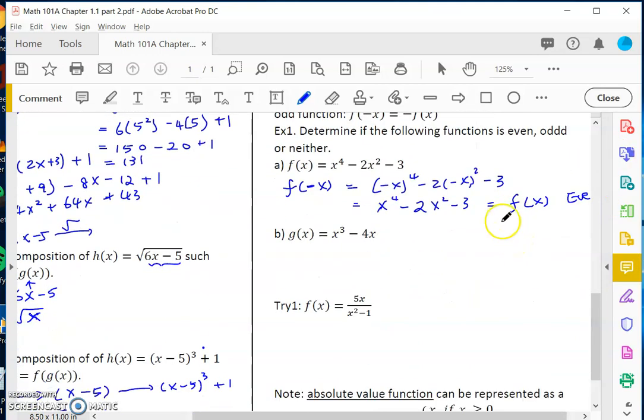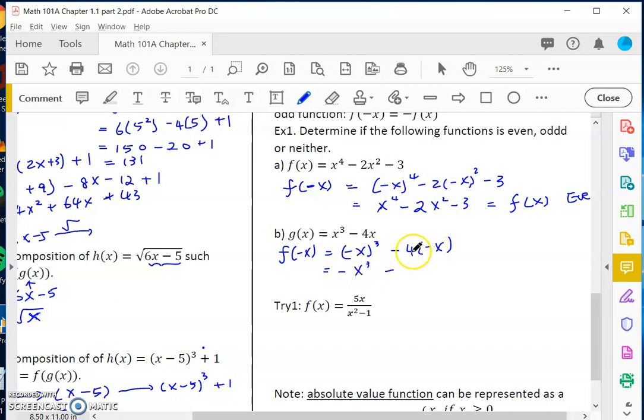Then let's do the second one. G of x is x cubed minus 4x. In both cases, I'm going to just do negative x. So it will be negative x cubed minus 4 times negative x. So negative x cubed is negative x times negative x times negative x, which is actually negative x cubed.